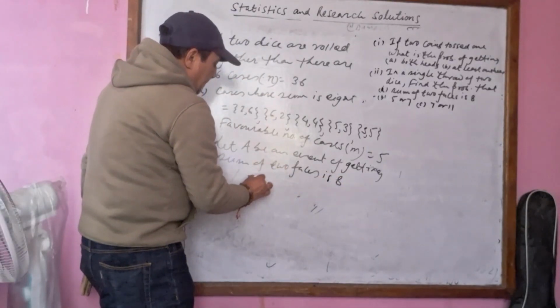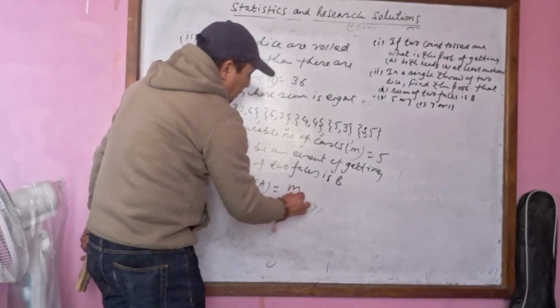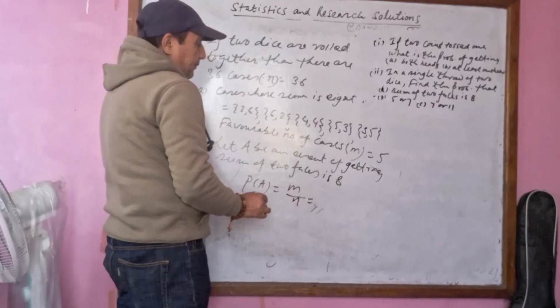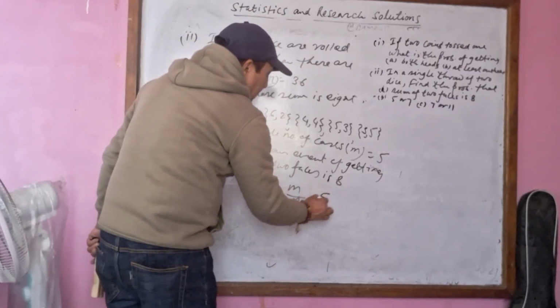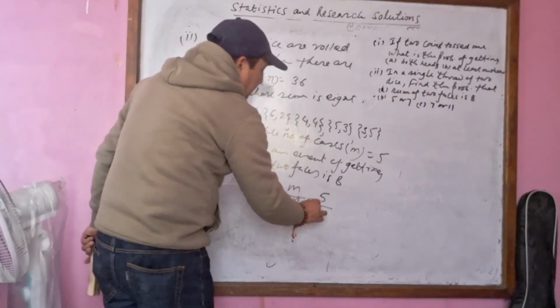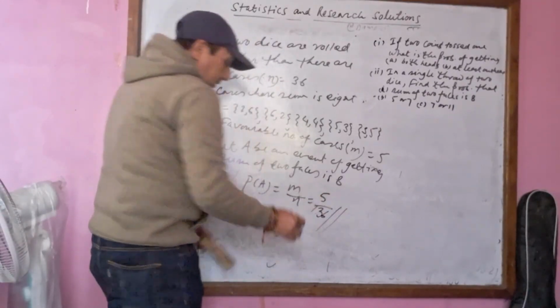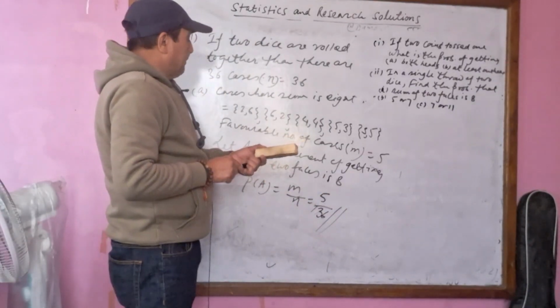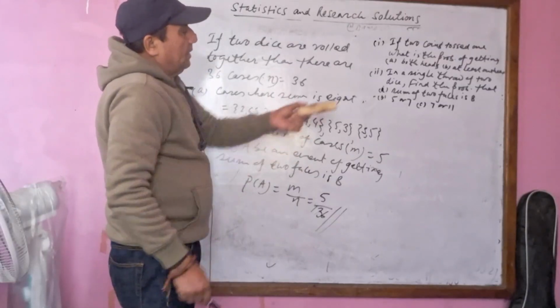So P(A) is equal to m upon n. m is 5 upon the total number of cases 36. This is the probability.